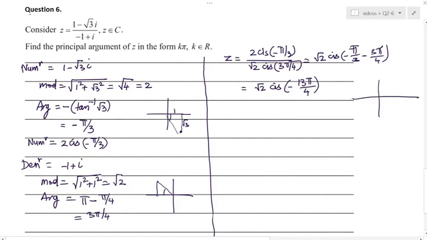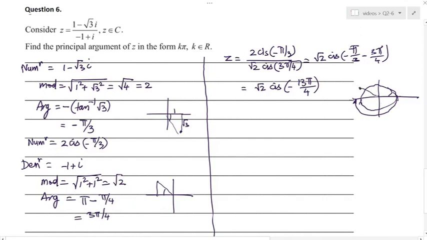So first let's look at where this minus 13 pi over 4 lies. You get 4 pi over 4, 8 pi over 4, 12 pi over 4, and minus 13 pi over 4, because you're moving in the negative direction, will be here.